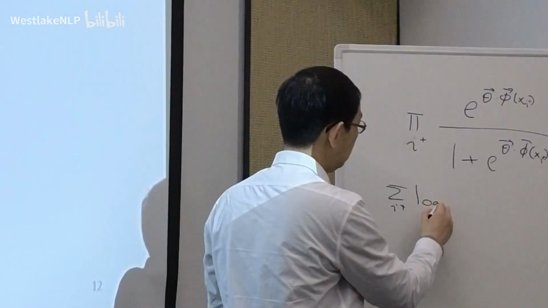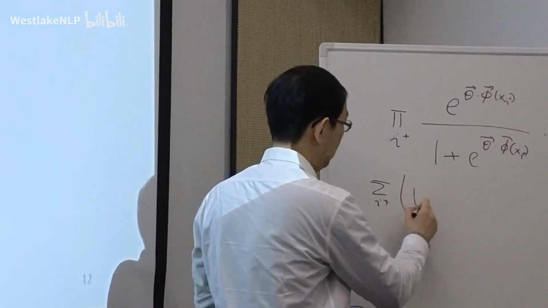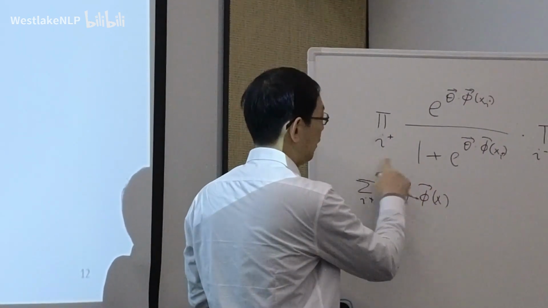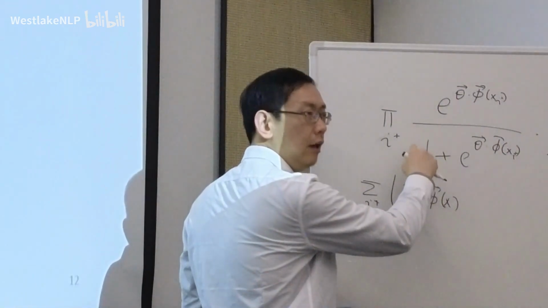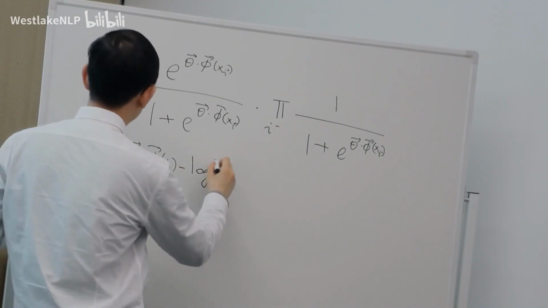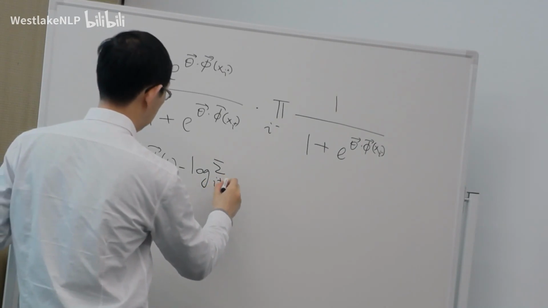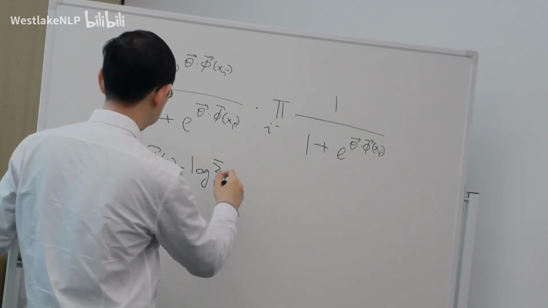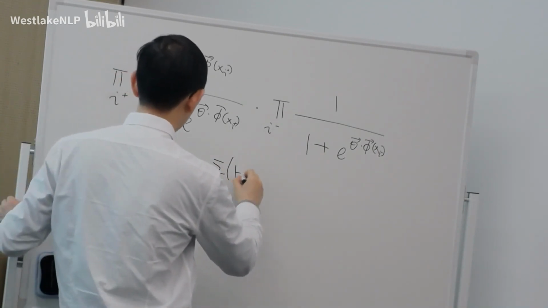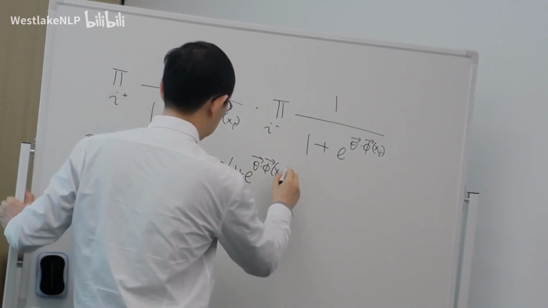So a log of e to the power of theta phi x is equal to theta phi x. Here, the log in the denominator gives minus the log of the sum over i plus of 1 plus e to the power of theta phi x_i plus.